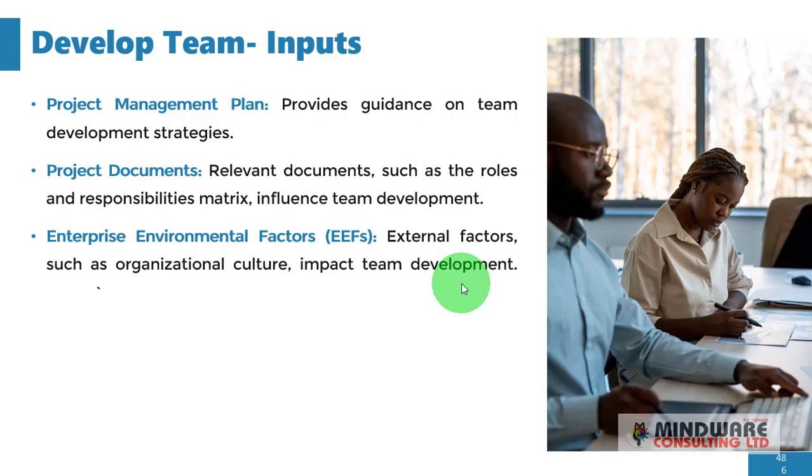They're going to have their organizational culture, organizational processes and systems. Remember when we talked about acquiring resources, if you're acquiring resources from within the organization rather than from outside, you're going to have to consider the HR system and the HR culture that is put in place within the organization.